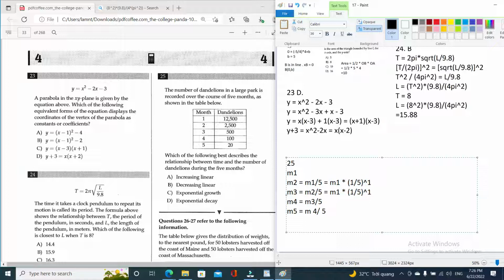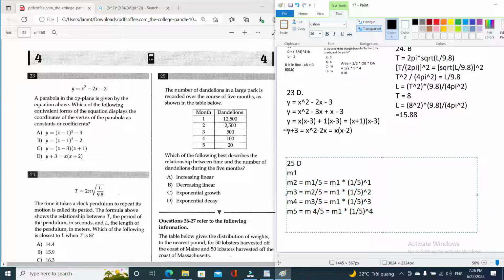So this is month 1 times 1/5 to the power 2. Sorry, I'm a little bit confusing now. So this is to the power 3, and this is going to be month 1 times 1/5 to the power 4. So with this type of pattern, it's an exponential decay, right? So it's D, I think so.